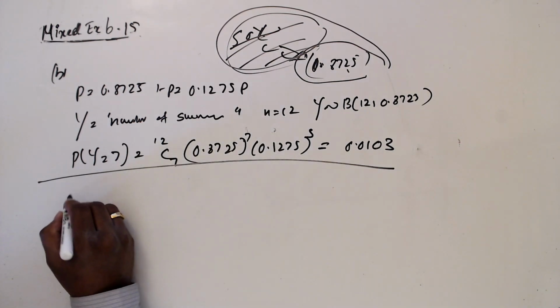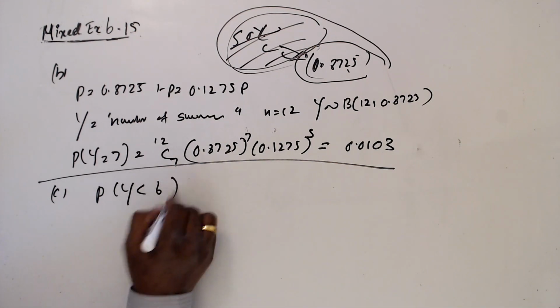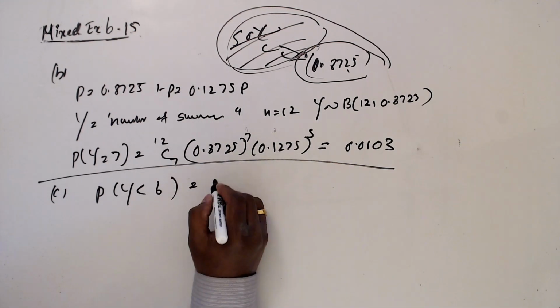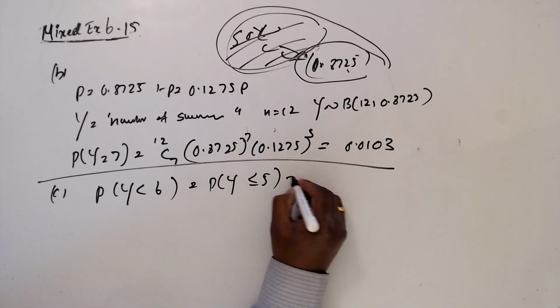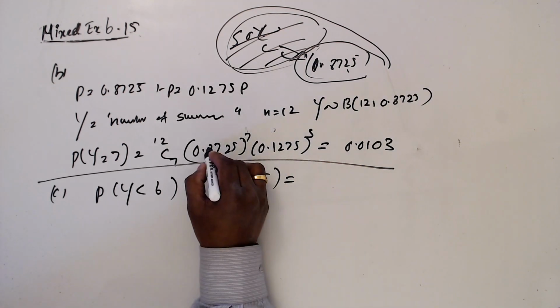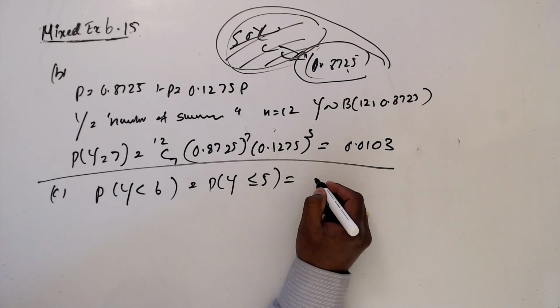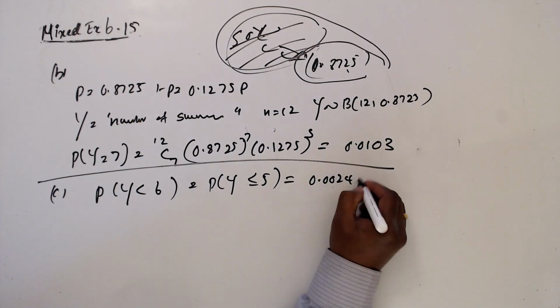So part C, probability of y less than 6. It means probability of y less than or equal to 5. So we can calculate from the calculator. Then this value should be 0.002407.